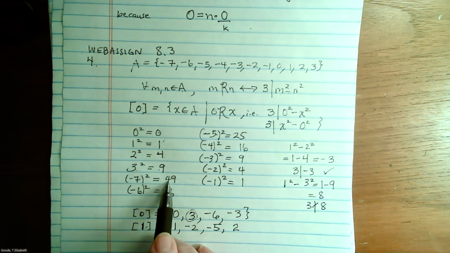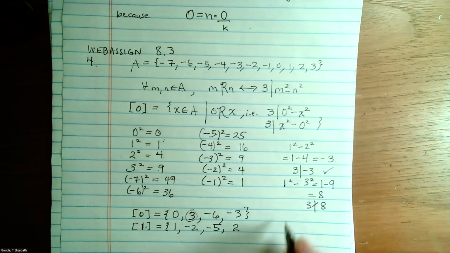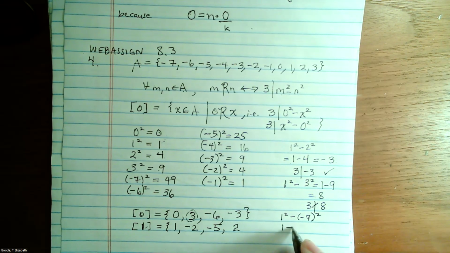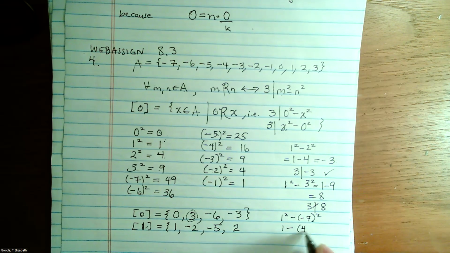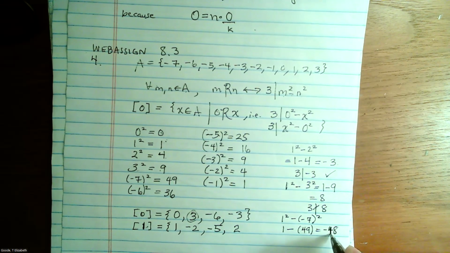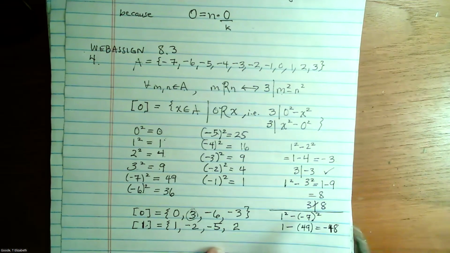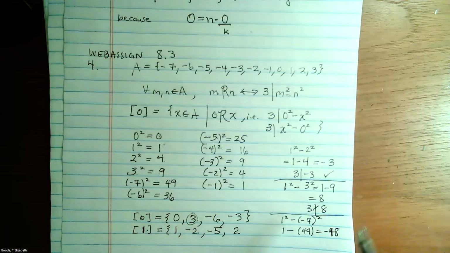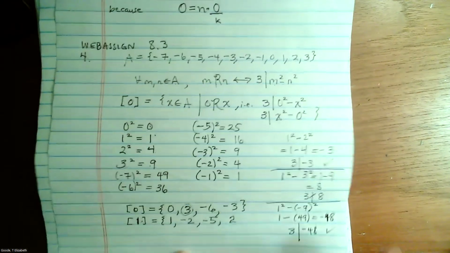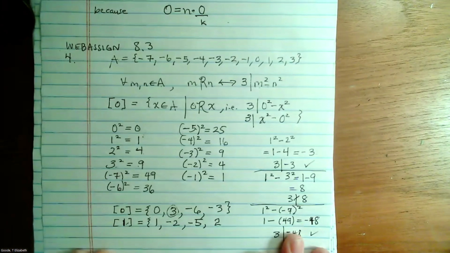All right, let's check 7. 1 squared minus -7 squared. So it's 1 minus 49, which is -48. Does 3 divide -48? Yeah. Okay, 3 divides -48 because it's 3 times -16, right?